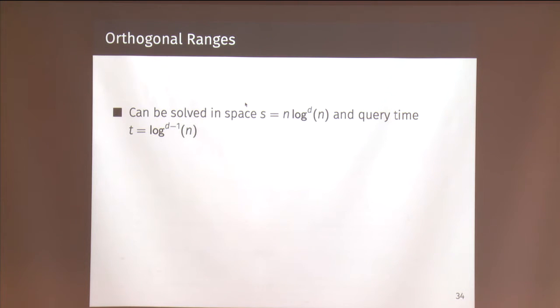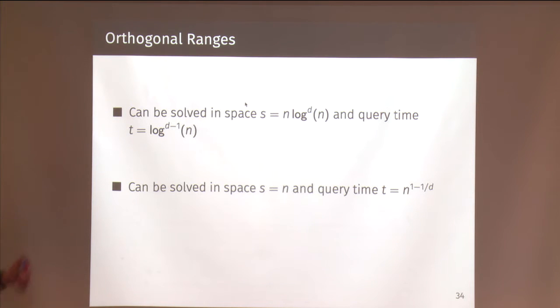What is interesting about these data structures is that all they do is sum up the weights. They don't even subtract the weights. They're pretty efficient. For slightly superlinear space, we have extremely efficient data structures. For really linear space, we have not so efficient data structures. So the query time is polynomial.